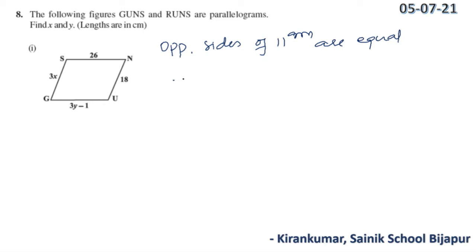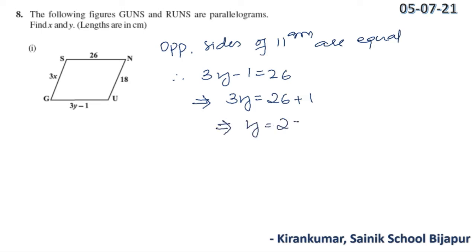Therefore, 3y minus 1 will be equal to 26. This implies 3y is equal to 26 plus 1, transposing negative 1 to the right hand side. This implies y is equal to 27 upon 3, which is 9.